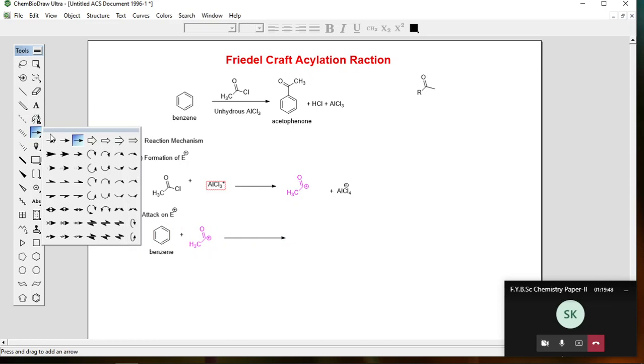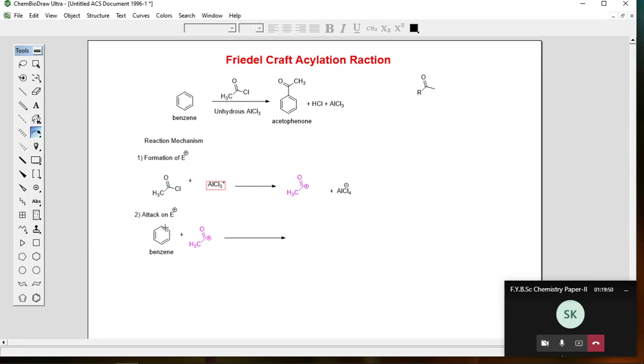This ring having this double bond will attack this carbon, and you will get the intermediate. First there is formation of a pi complex between your electrophile and the ring. Then the pi complex changes to a sigma complex.